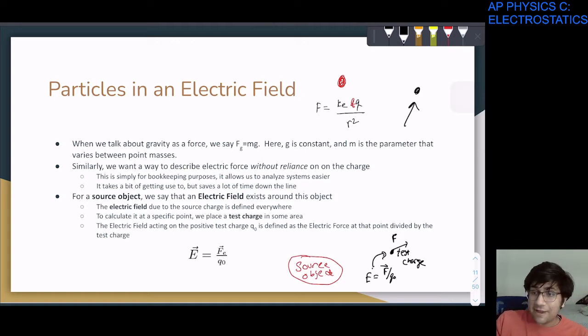And we're going to do this at every single point, here, here, here, and so on. We're going to call this whole thing a field. So now at any given point, if I put a new particle with a specified charge, to figure out the force, all I have to do is take the charge on that particle and multiply it by the electric field value at that point.